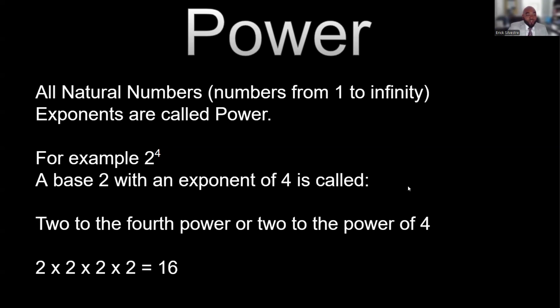That is letting you know that you are multiplying the base by itself 4 different times. So in this case, you have 2 times 2 times 2 times 2. So 2 times 2 is 4, 4 times 2 is 8, 8 times 2 is 16. So any natural number, positive integers from 1 to infinity, are called powers.